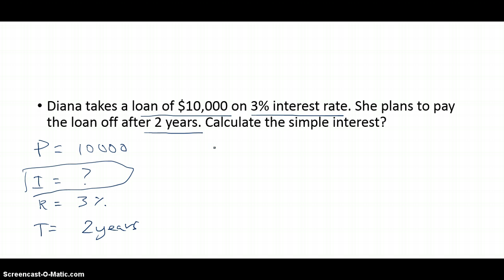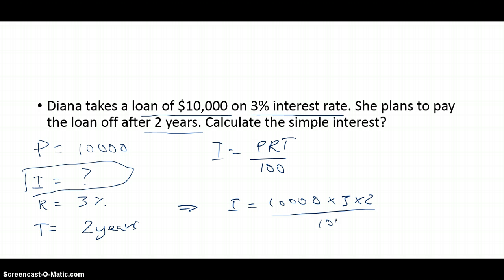So we can use the formula I equals PRT over 100, then substitute all the values that we have. So I is equal to 10,000 times 3 times 2, all of that over 100.